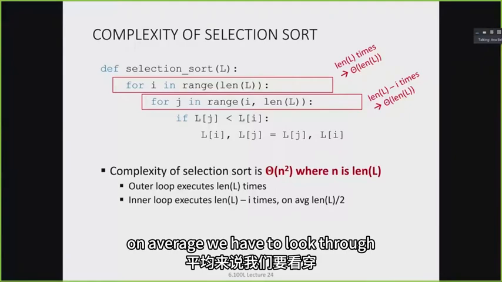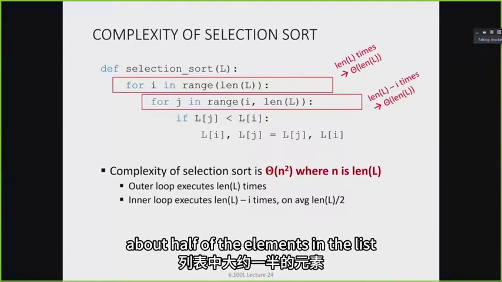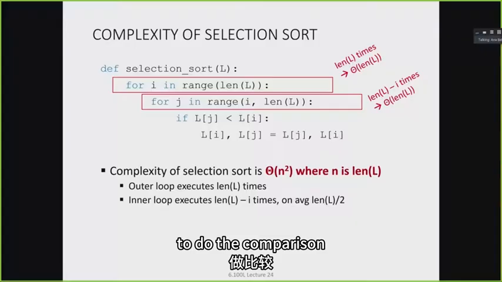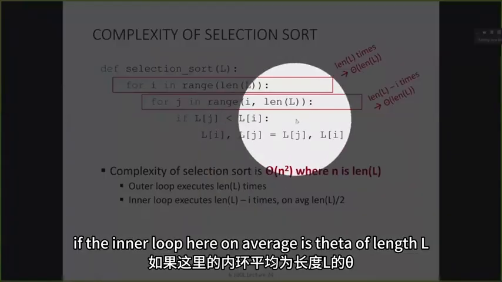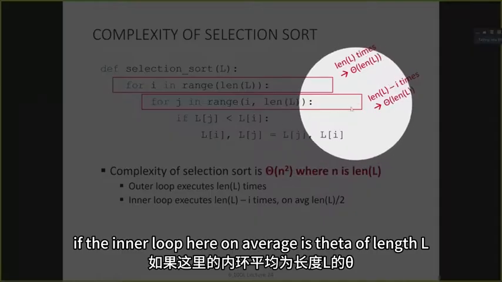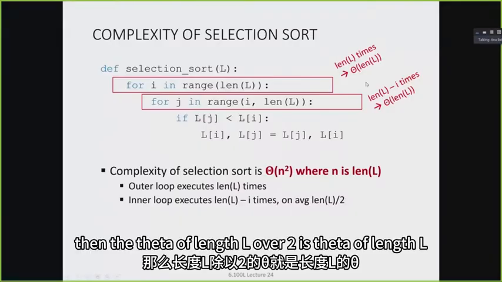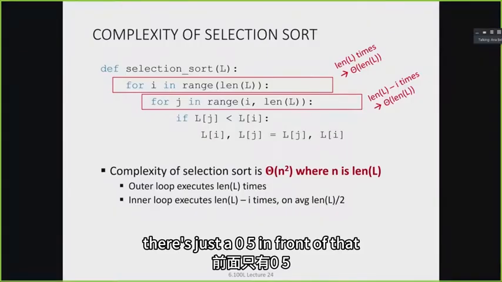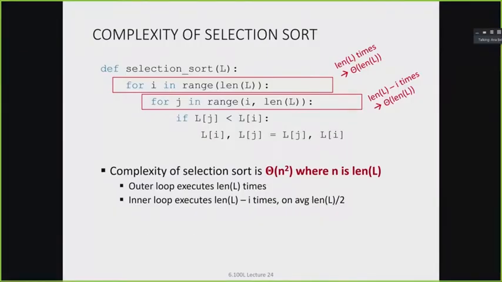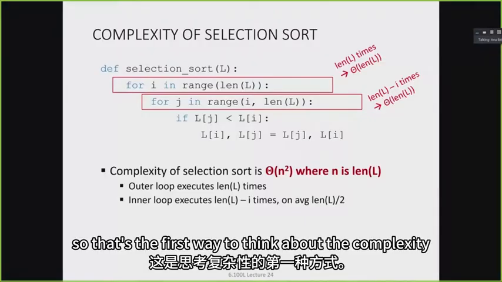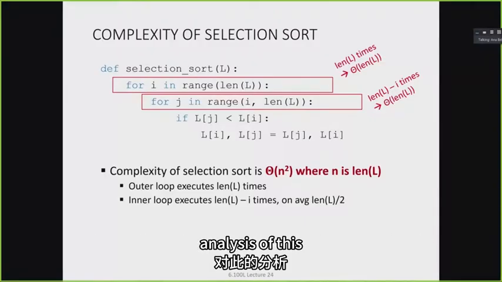On average, we have to look through about half of the elements in the list to do the comparison. So if the inner loop here, on average, is length L over 2, then theta of length L over 2 is theta of length L. There's just the 0.5 in front of that. Okay. So that's the first way to think about the complexity analysis of this.